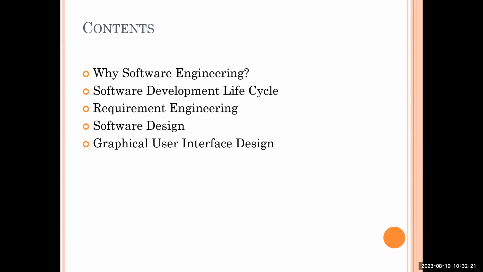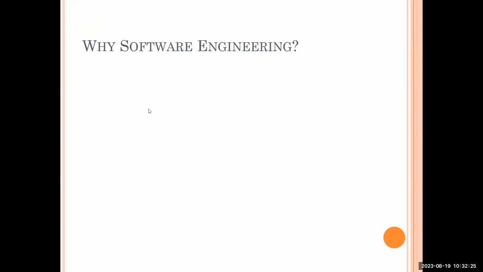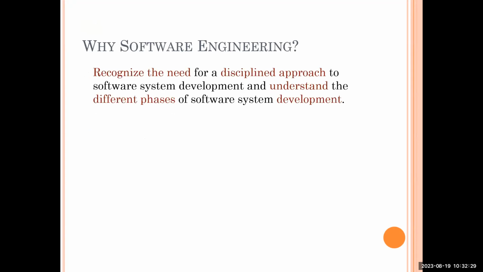So let me start with why we need software engineering. Software engineering is there because we recognize the need for a disciplined approach to software system development, and we appreciate that there are different phases in it.